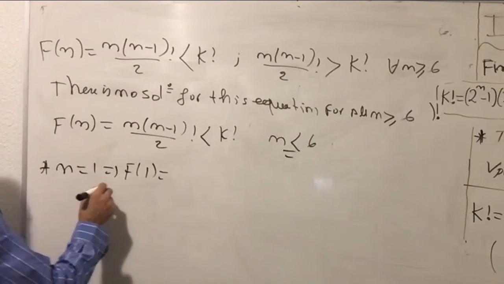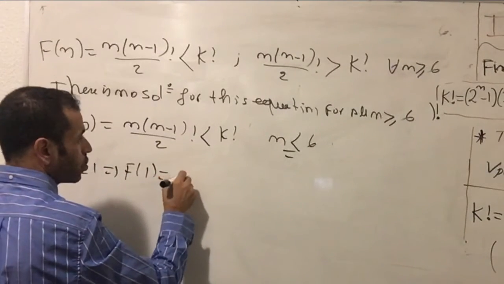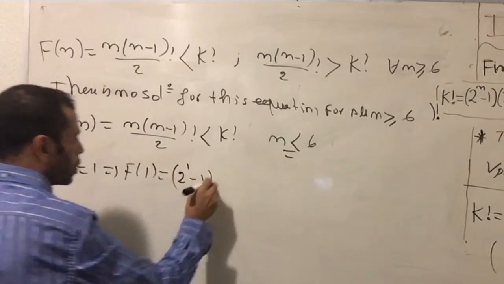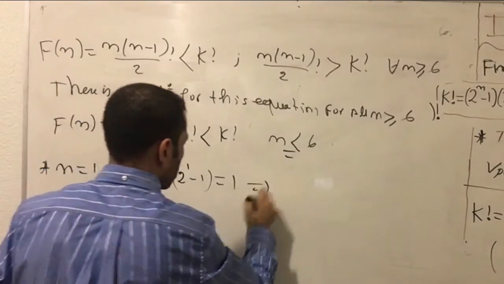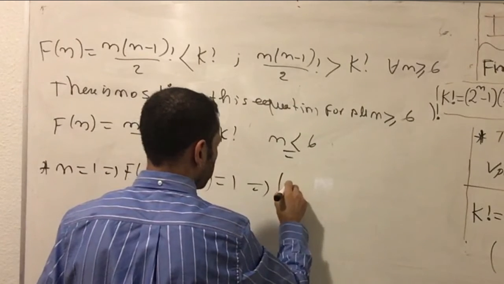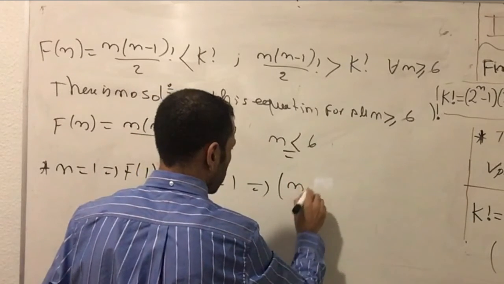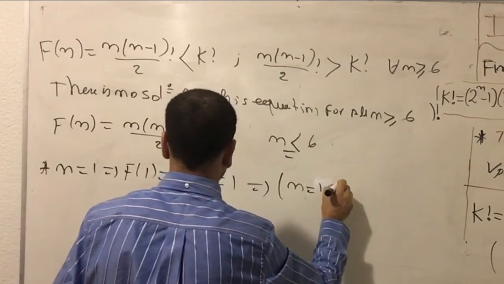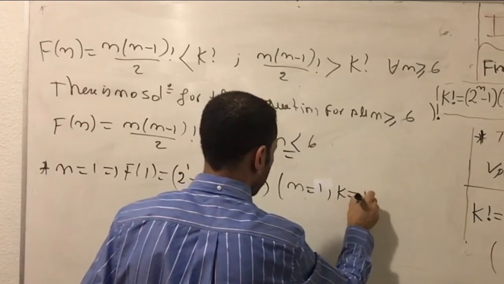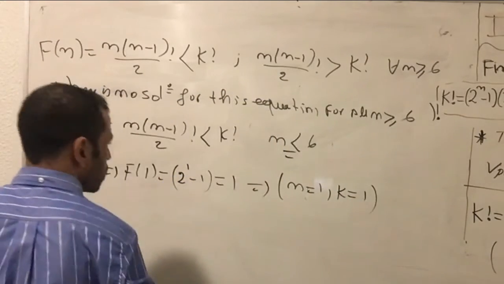I have n equal to 1: f of 1 equals 2 to the 1 minus 1, which is 1. So the solution for n equal to 1 is k equal to 1.